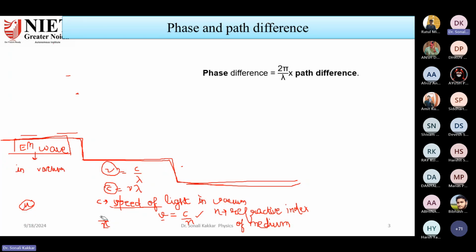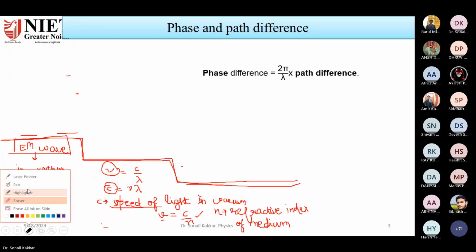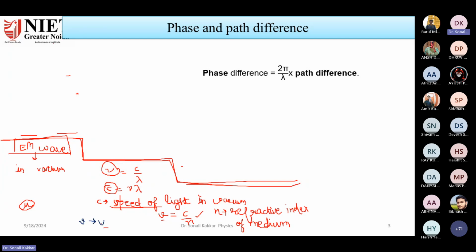You also write that what is v here? v is velocity of light in medium.